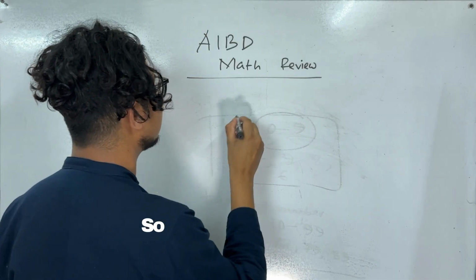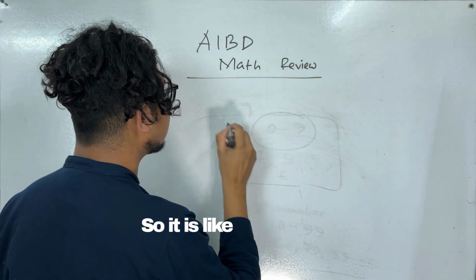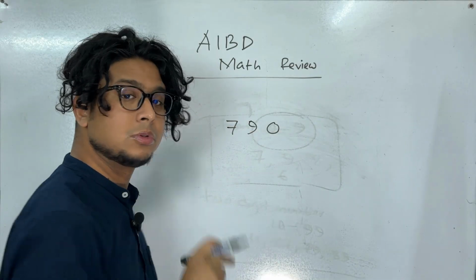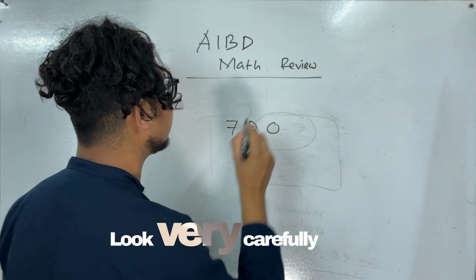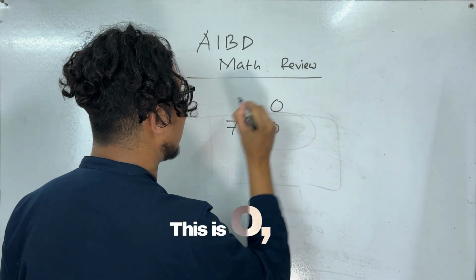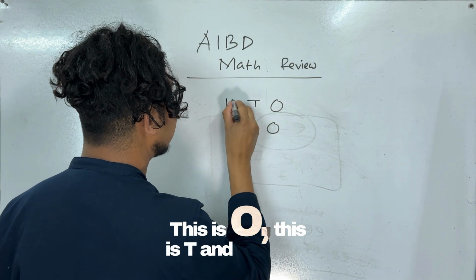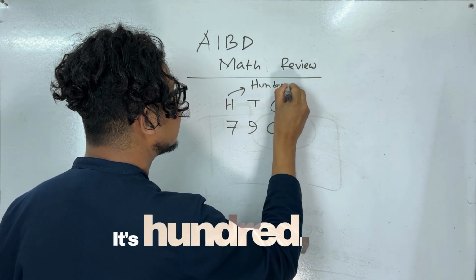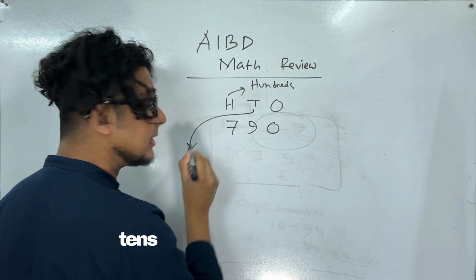Think about 790. Look very carefully. Here, this is O, this is T, and this is H. This is hundreds. This is tens.